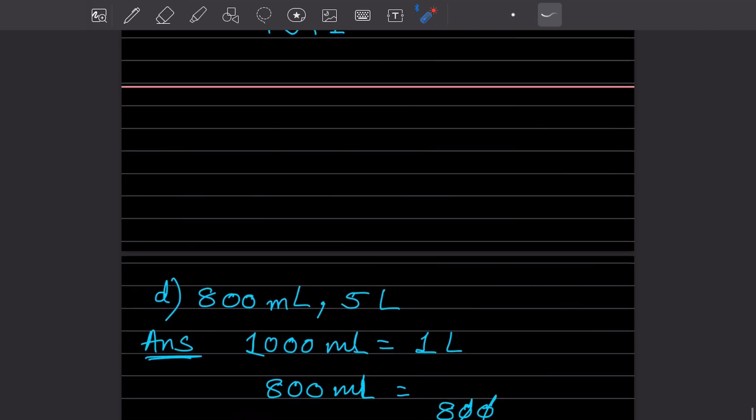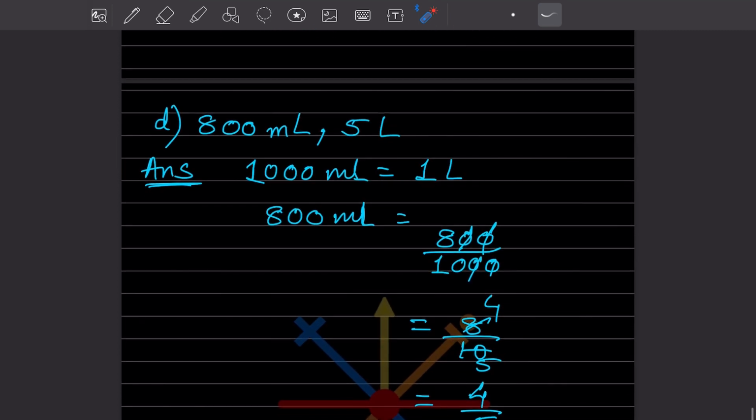So the next problem says that 800 ml and 5 liters. So now we will convert this to liters. Now look at here. 1000 ml is 1 liter. So this 800 ml is going to be how much? Again we will cross multiply. 800 into 1 is going to be 800 and this 1000 goes in the denominator.